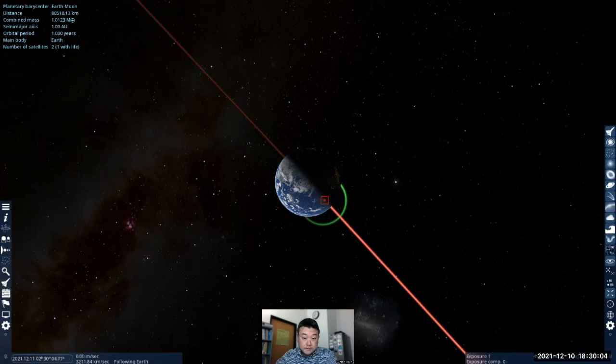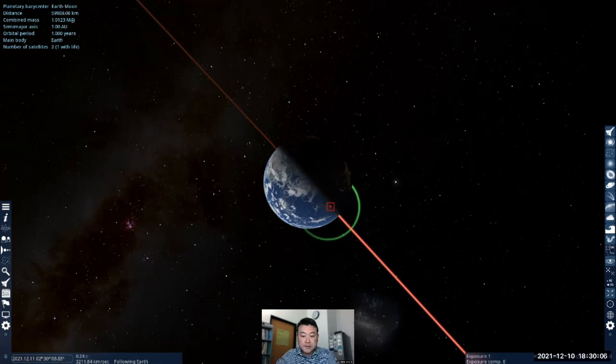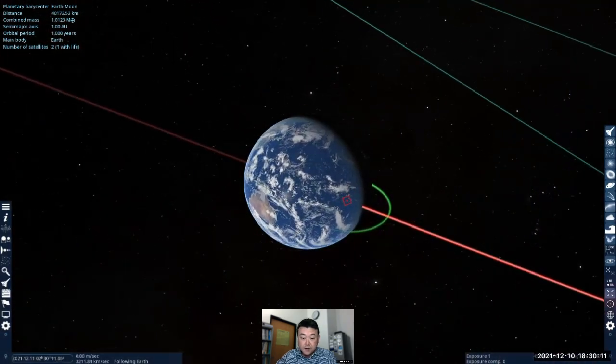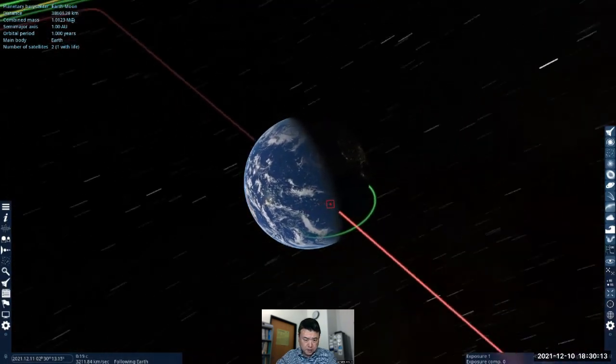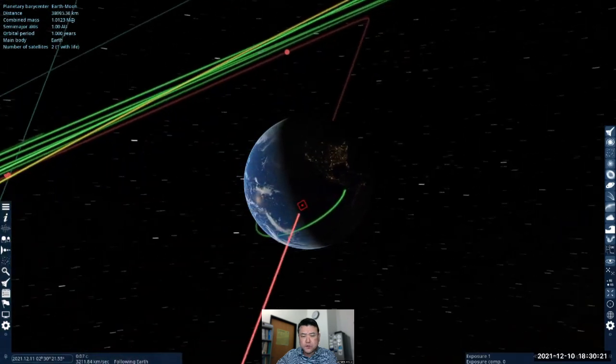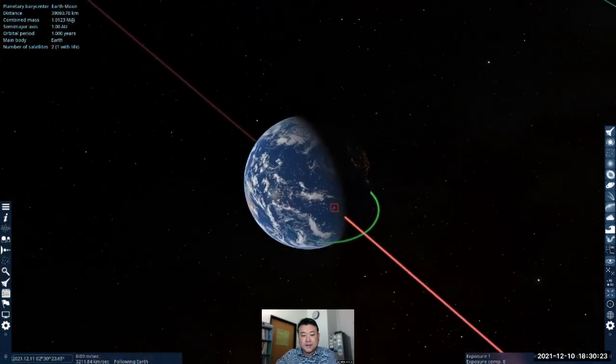Earth is massive enough that the center of mass of the Earth-Moon system lies inside the Earth. You can see as I change my observation point around, it's just inside the Earth. But the Moon is also heavy enough. The Moon is actually quite unusual amongst natural satellites in just how large it is compared to the major planet it is orbiting, that this center of mass is noticeably not at the center of Earth.